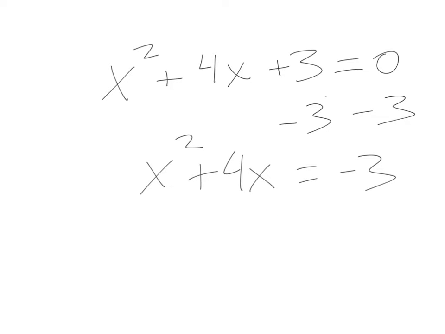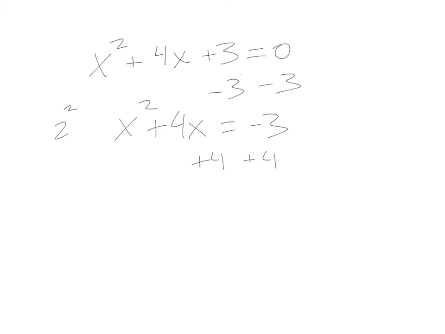The way we can determine that is, 4 is the coefficient, divide that by 2, that gives us 2. 2 squared is 4. So we end up adding 4 to both sides. Plus 4, plus 4. Thus we have x squared plus 4x plus 4 equals 1. Now this is a perfect square trinomial, and we can factor it as such.